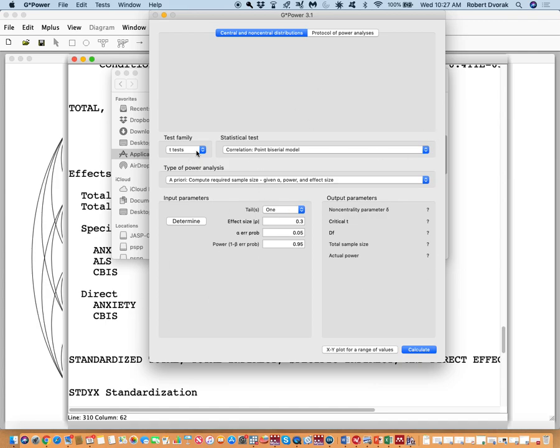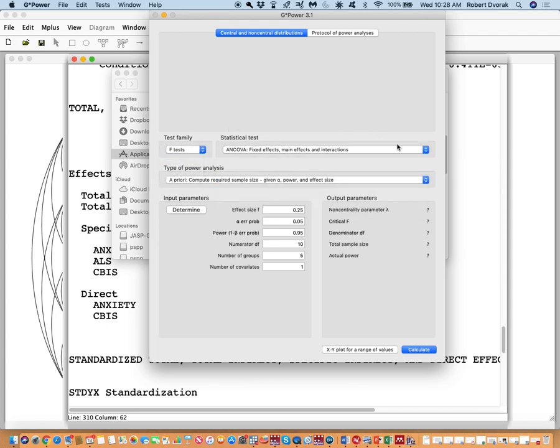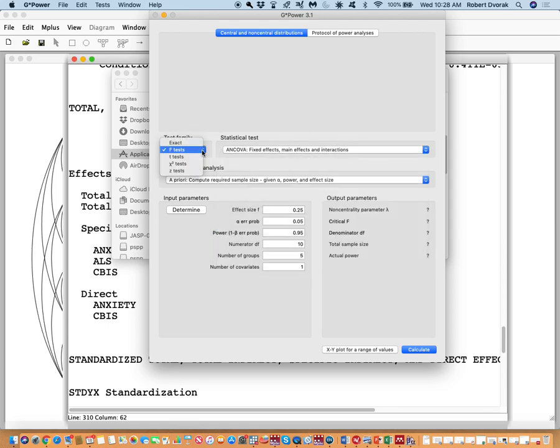G-Power has a bunch of different types of tests. You can do an exact test, which allows you to do like multiple linear regression or kind of proportions. You can do f-tests, which is ANOVA and ANCOVA. They have a generic f-test down here, variance of two samples. We'll come back to those because we're going to do some of those.